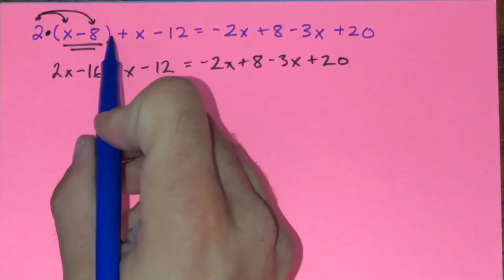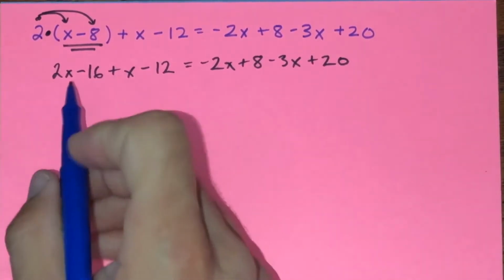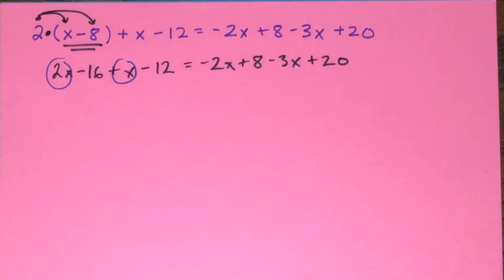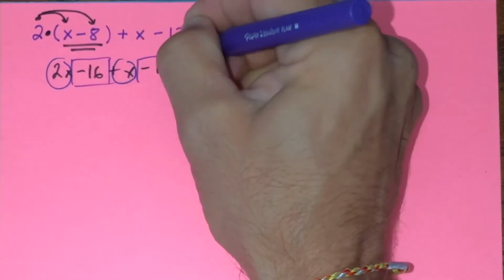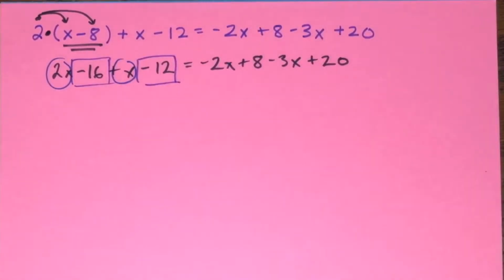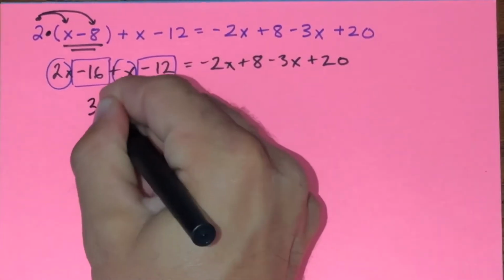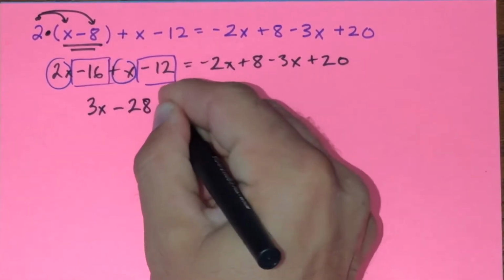So we did some distributive property. Here we're going to do some combining like terms, our 2x and our x, and then our 16 and our 12. I'm putting similar shapes here so that we can identify like terms. 2x plus x gives us a 3x, and the minus 16 minus 12 gives us a minus 28.